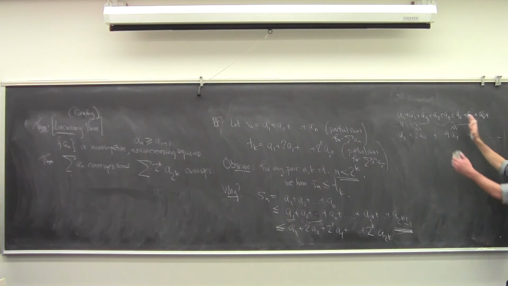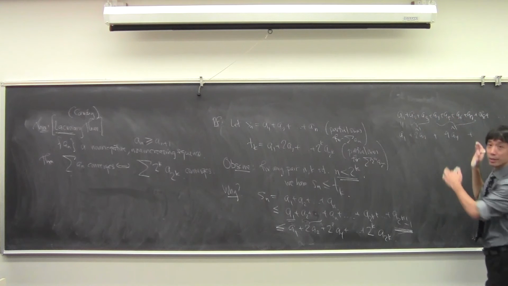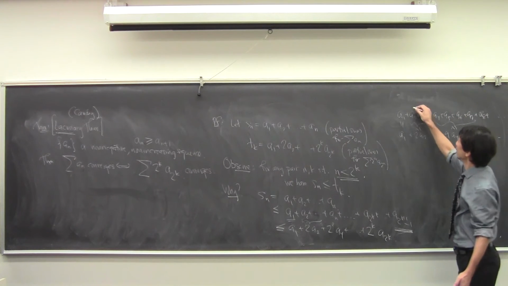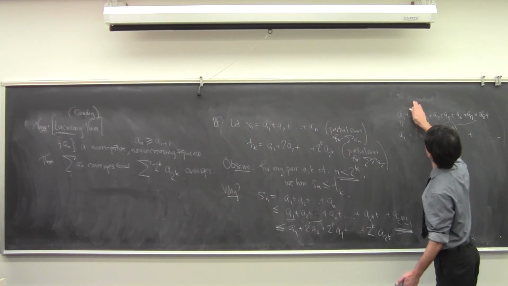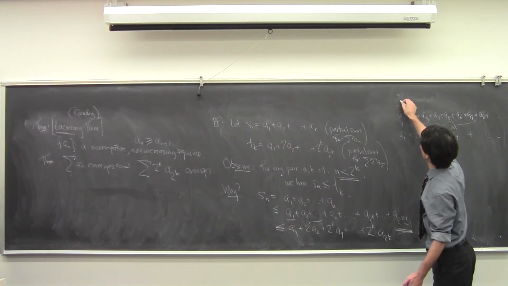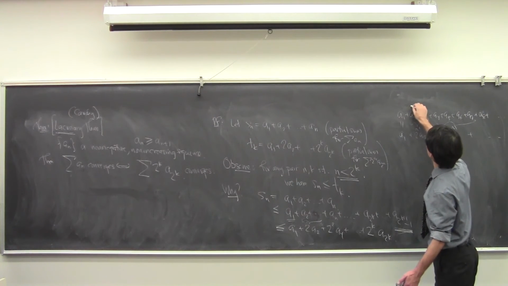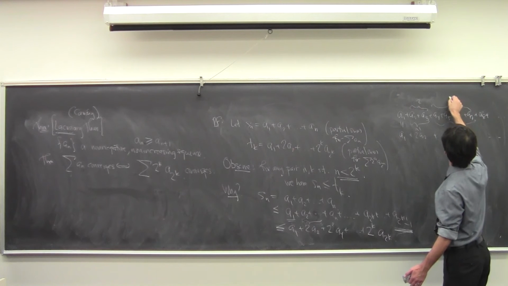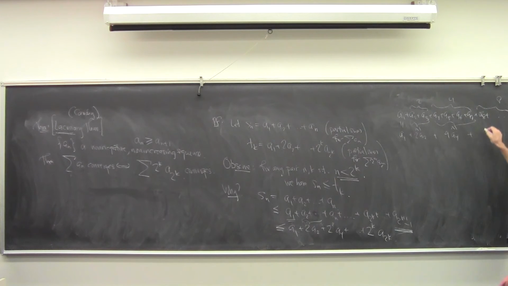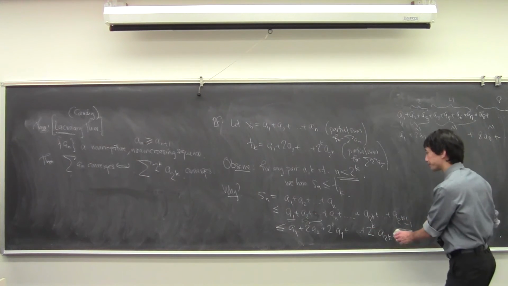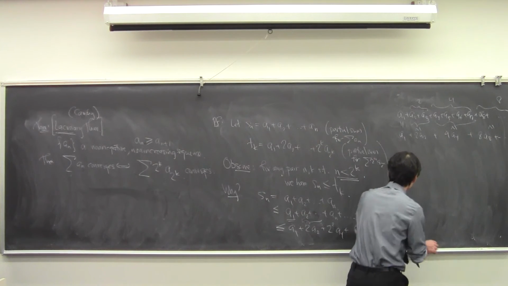So you just block them off in dyadic combinations. You take the next 2 guys, the next 4 guys, the next 8 guys. The next block will be smaller than 8 a8, and so on and so forth. And so what you end up with is T sub k.